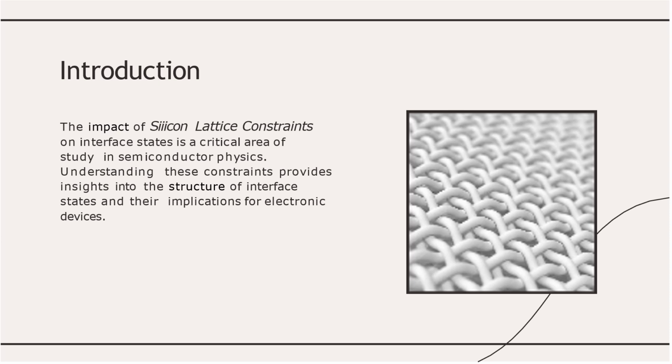Silicon lattice constraints are the restrictions imposed by the crystal structure of silicon on the possible configuration of defects, impurities and interface states. Silicon has a diamond lattice structure, which means that each silicon atom is bonded to four nearest neighbors in a tetrahedral arrangement.